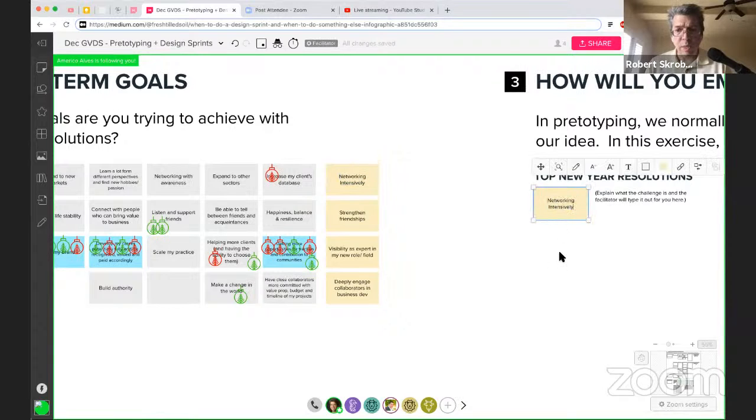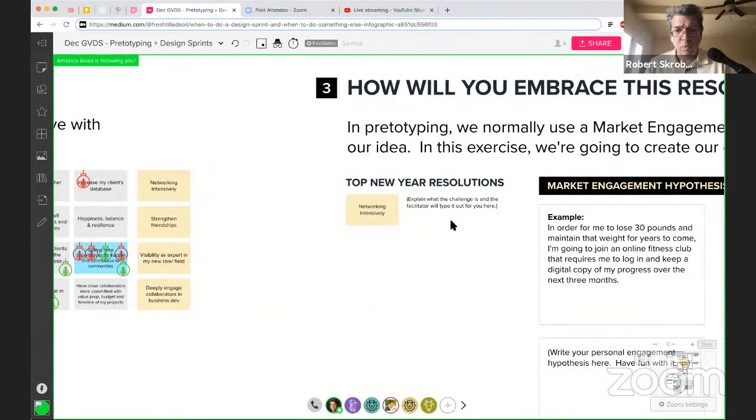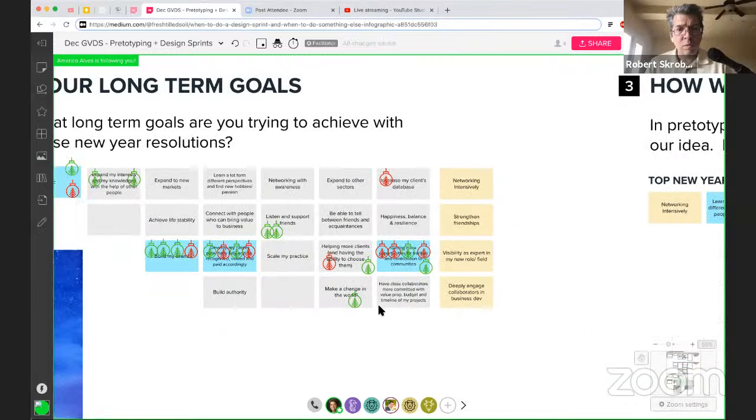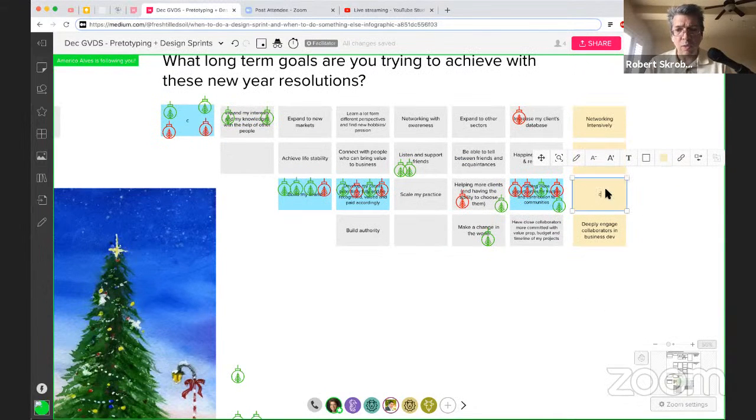And I'll skip the explanation this time around, and I'll just put this one. So there's the resolution and then the long-term goal that corresponds with it. We'll just, for the sake of example, do this.